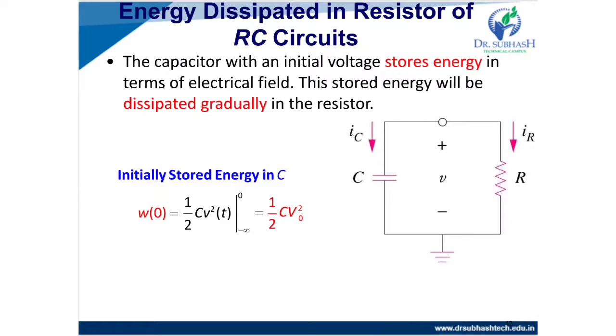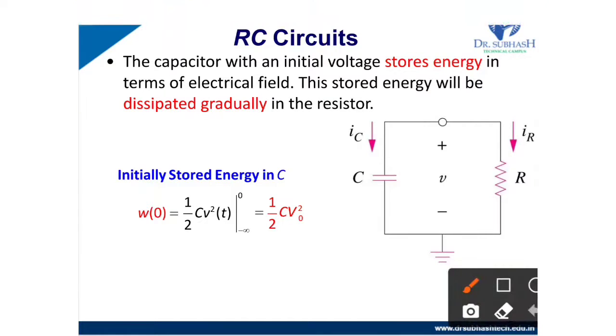Energy dissipated in a resistor of RC circuit. The capacitor with an initial voltage stores energy in terms of electrical field. This stored energy will be dissipated gradually in the resistor.